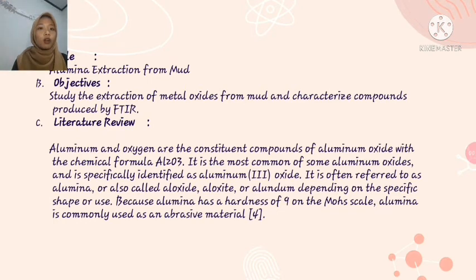Literature review: aluminum and oxygen are the constituent compounds of aluminum oxide with the chemical formula Al2O3.